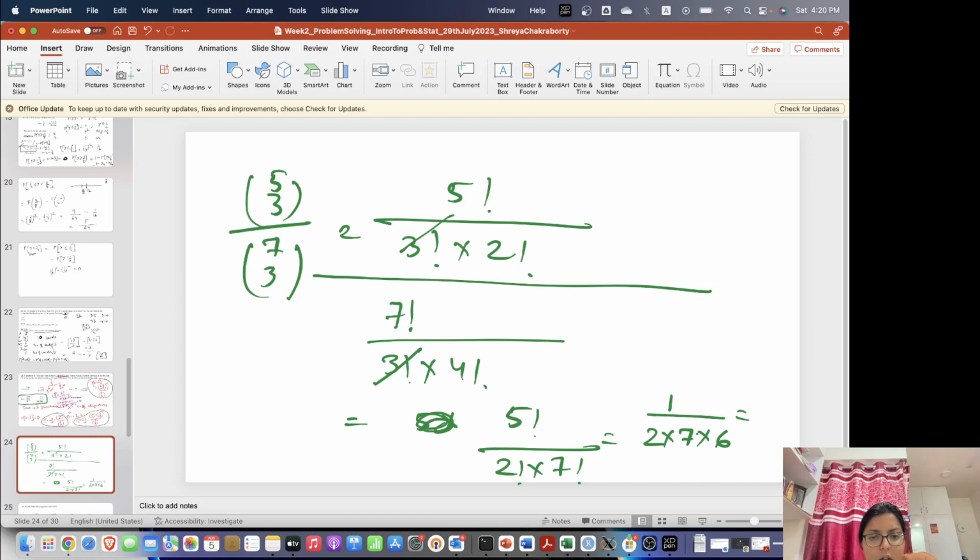Sorry, 1 second. Sorry, here I missed 1, 4 factorial. So 4 into 3 into 2 factorial, 2 will get cancelled. This will be 2, so 2 by 7.